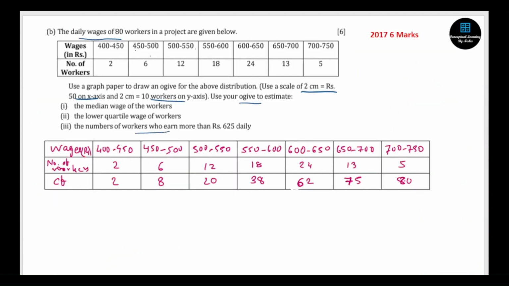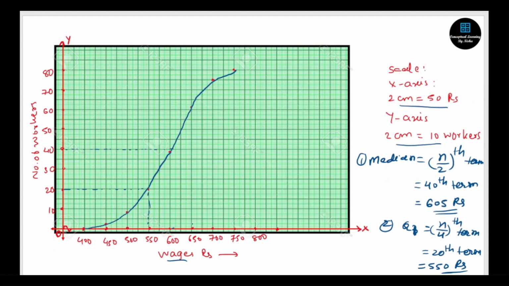Now the next question is: the number of workers who earn more than 625 daily. So 600 and 650 are here, and 625 is exactly between them. When I go along this line, I get the value over here, which is approximately 51.